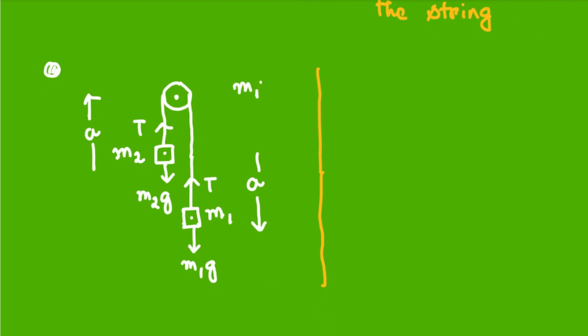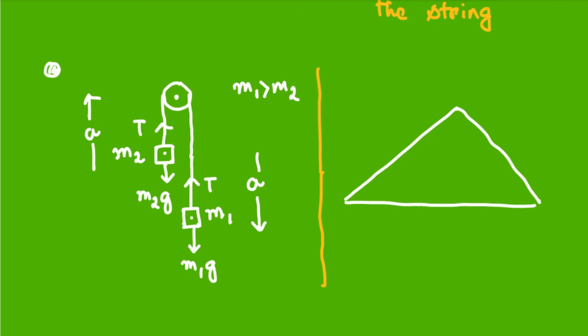On the left hand side, if we draw the diagram, and if m1 is greater than m2, in that case m1 will be moving downwards and m2 will be moving upwards. And here these are the two inclined planes having angle of inclination beta and alpha, and a pulley is set at this highest point.